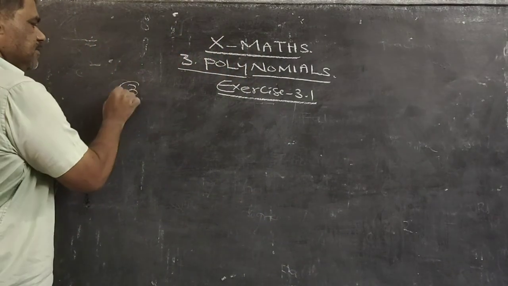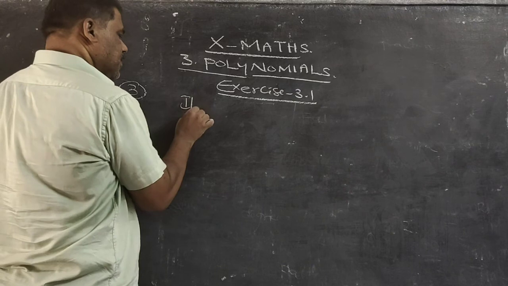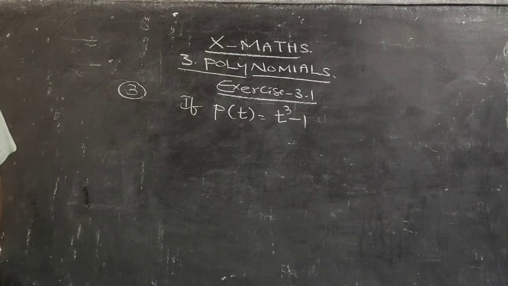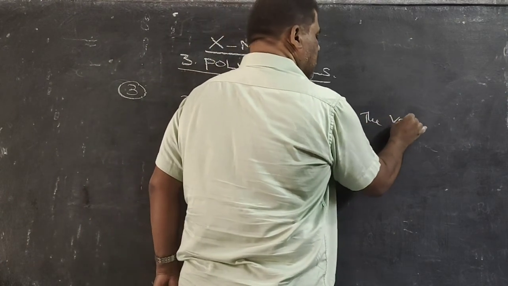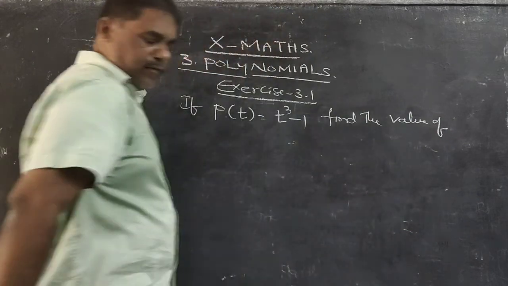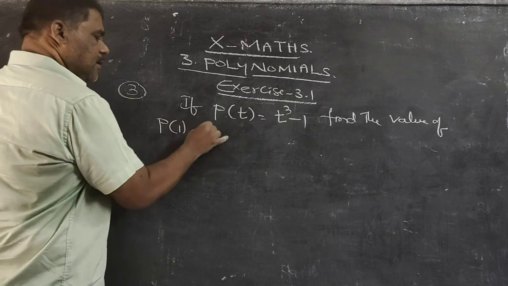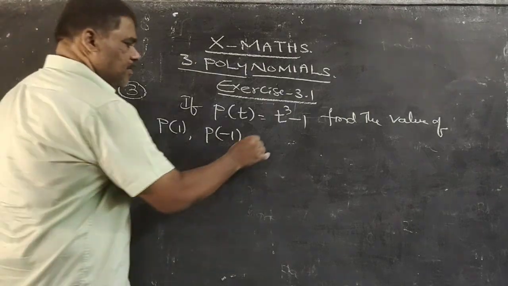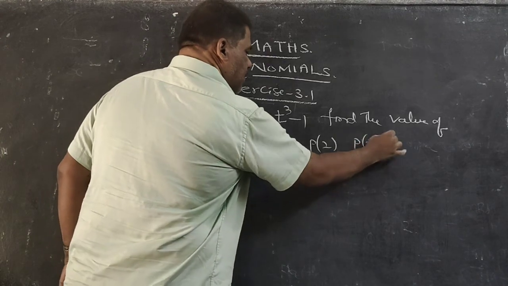Right, question number 3. If P of t is equal to t cube minus 1, find the value of P of 1, P of minus 1, P of 0, P of 2, P of minus 2.